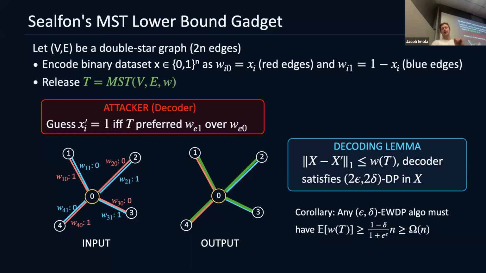Otherwise, by this decoding lemma, you would reconstruct too much of the data set. I didn't show you how to get the lower bound for epsilon going to 0, to get a lower bound of omega of n over epsilon, but you can do the same construction and you just blow up the weights a little bit.